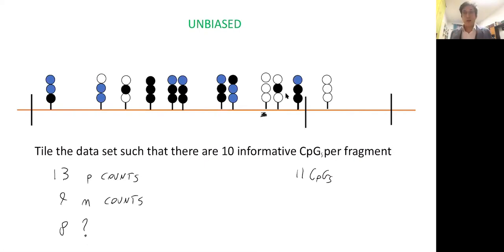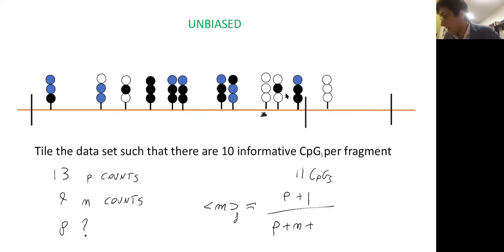Now what we would like to do is compute the average methylation on this fragment. Of course, this procedure must be repeated for all the fragments that we divide the DNA into. I will not enter into the detail of why this definition is chosen, because you will see it's maybe a little bit counterintuitive, but we can call the average methylation of this fragment P, which is the number of positive counts plus 1, divided by P plus N plus 2.